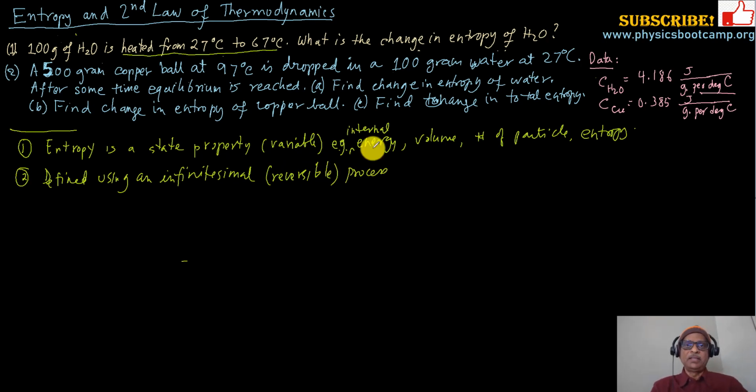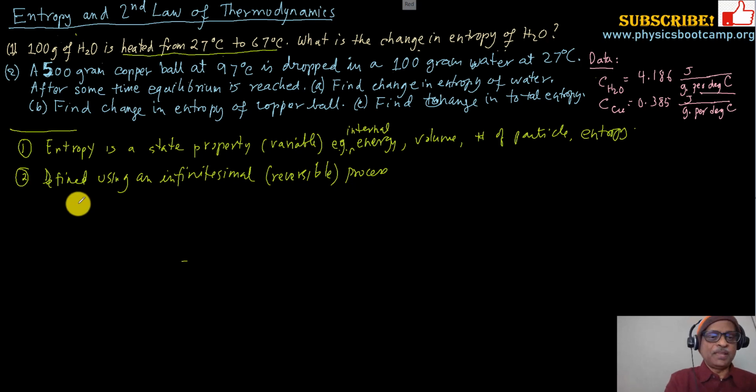Okay, and you'll see, the way entropy is defined is a circular thing. If it's reversible, then it's like that, and if it's like that, then it's reversible. So it's kind of circular logic, we'll see.